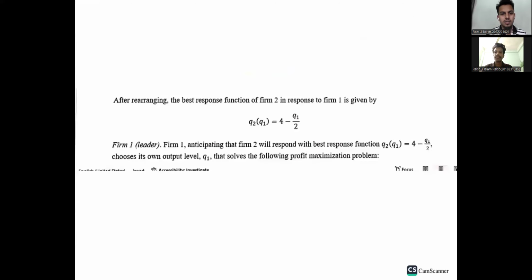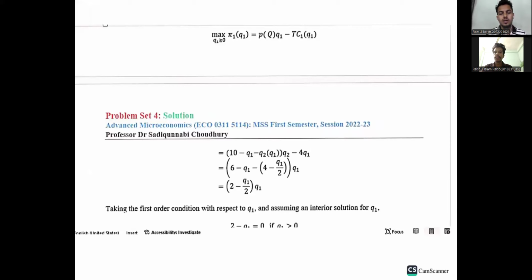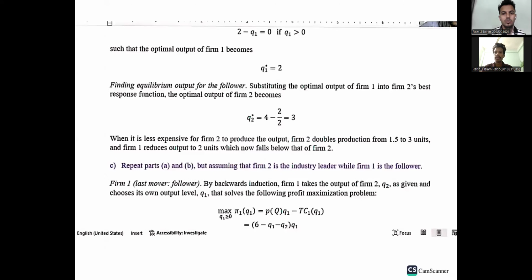Please, next slide. Similarly, we find the best response function of farm 1, which is the leader, where the profit is (2 minus Q1 by 2) times Q1. Taking the first order condition with respect to Q1, and assuming a solution, Q1 equal to 2.